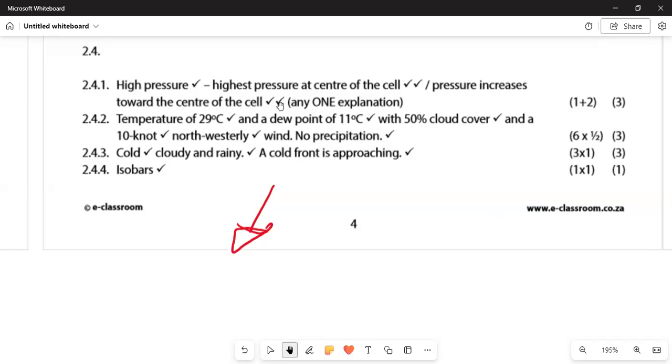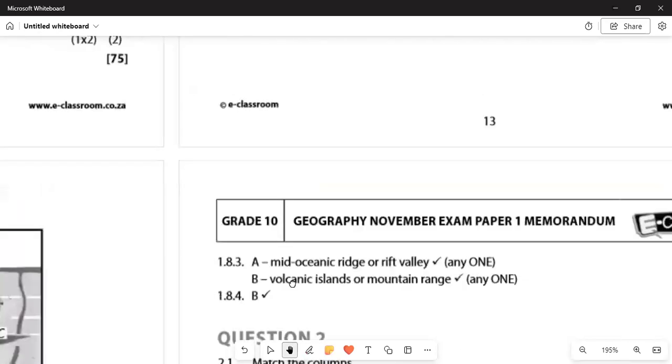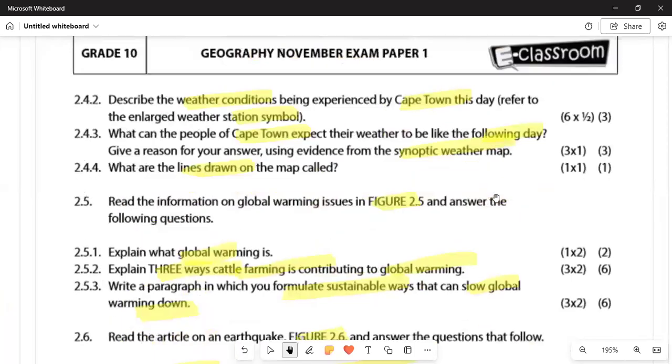And then if we are moving on again, remember that in 2.4.2, the conditions being experienced in Cape Town are based on the symbol.